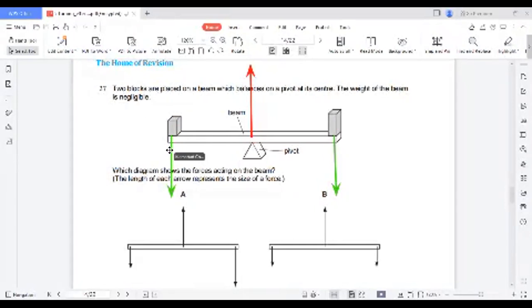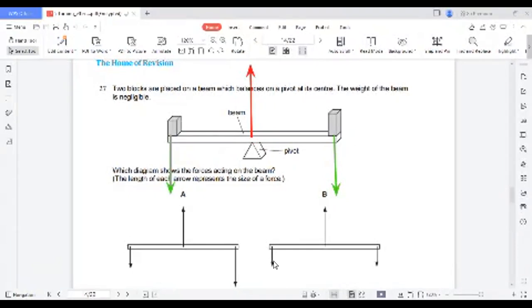Let me check whether the size of this vector is the magnitude of this weight. If they have same magnitude, then the size of this vector should be same. So this is what I mean to say. So if their sizes are same and the normal force is acting in upward direction, that would be the correct option. So let's see the possible options.